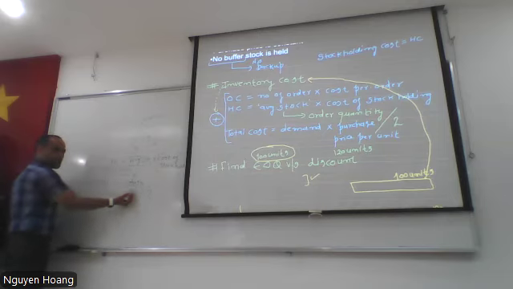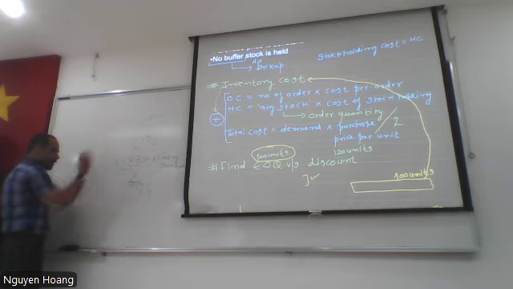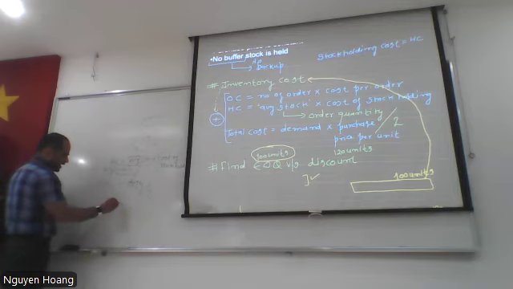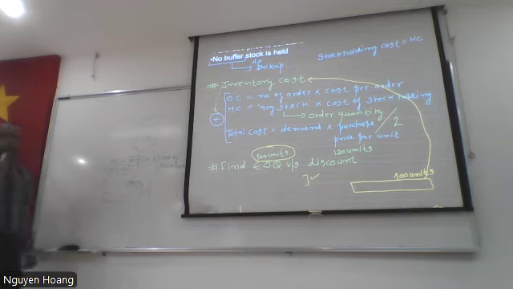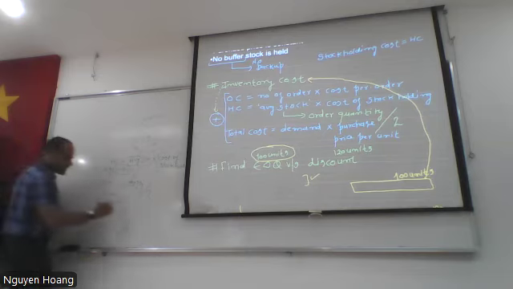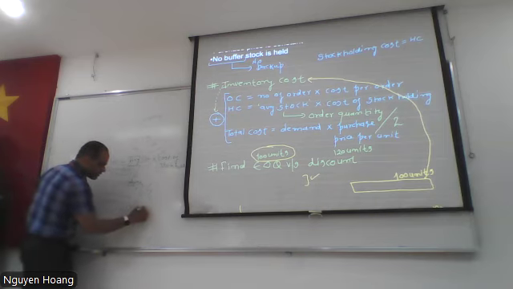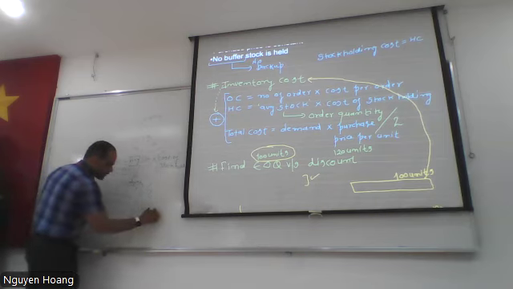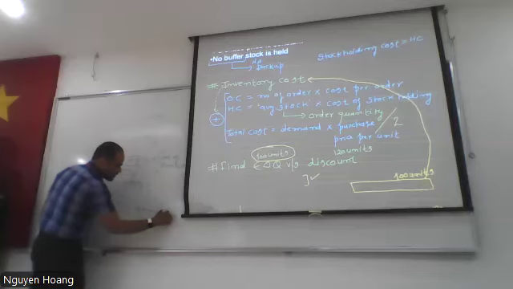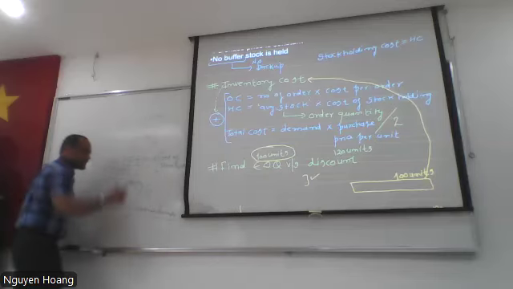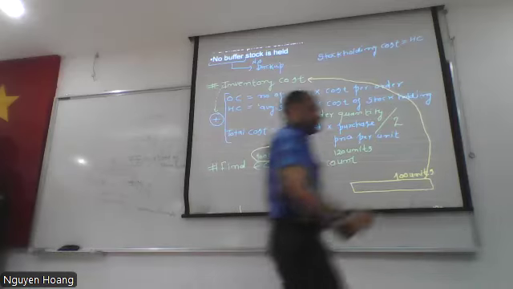So if this is your order quantity, and in our question we have 600 units, 600 units are not the order. 600 units is what the customer demands in this question.